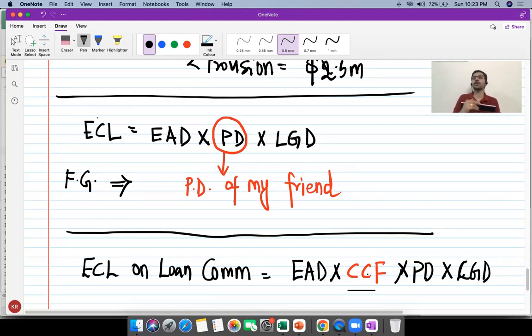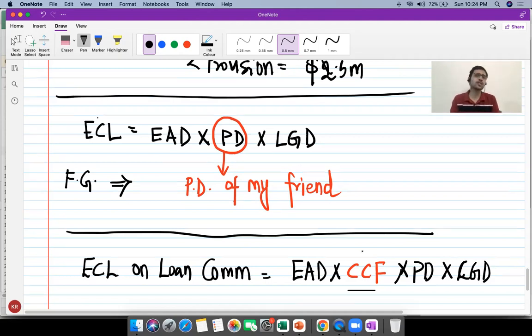Therefore, I am using the CCF to convert my off-balance sheet into on-balance sheet. The CCF of 60% means that there is a 60% chance that this $100 million will actually be drawn down by you. And then we multiply it by PD and LGD as we normally do.